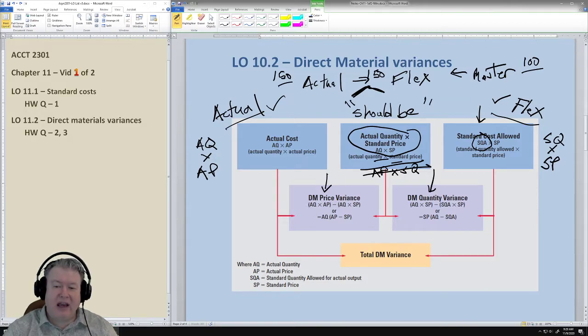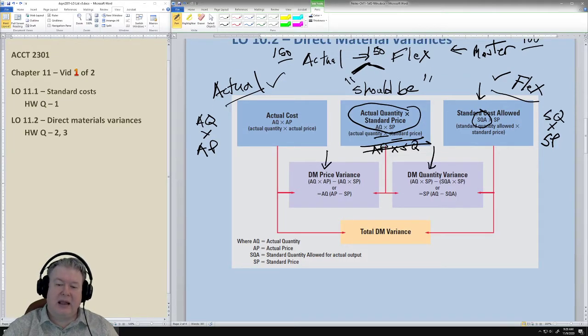And by using these equations, we're going to find out whether we paid too much or too little, or we used too much or too little. And that's why we separate them out, because we want to see the variances on these subcategories. Now, these equations are not that hard.